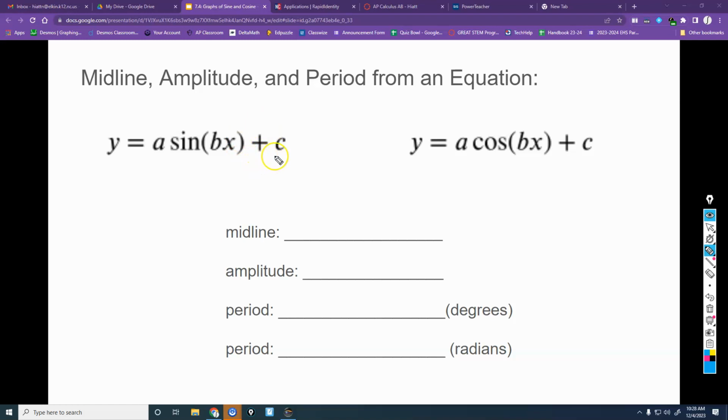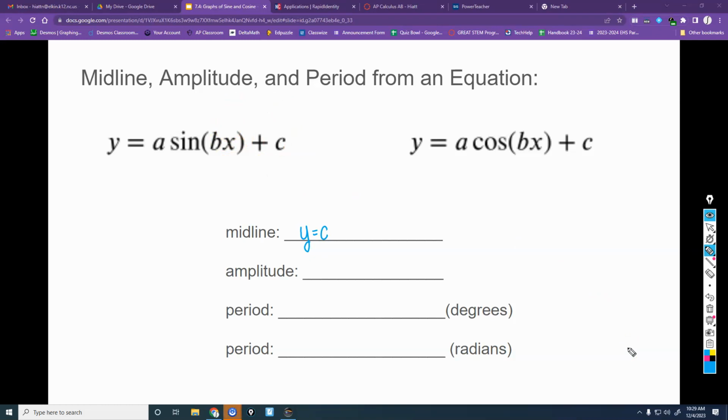So think about these curved graphs. If I take a number and add it to the end, it's going to move it up or down. That midline is usually at the x-axis, but if we shift the graph up or down, that midline goes with it. So the midline is going to be y equals c, whatever that number is that's added or subtracted to the end.